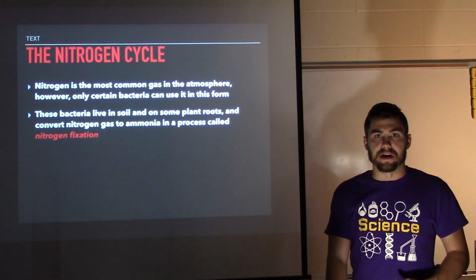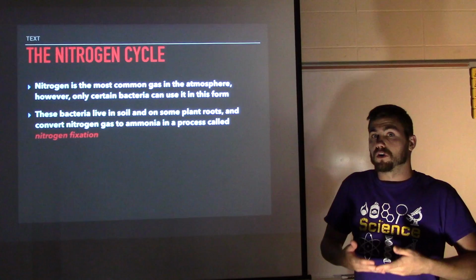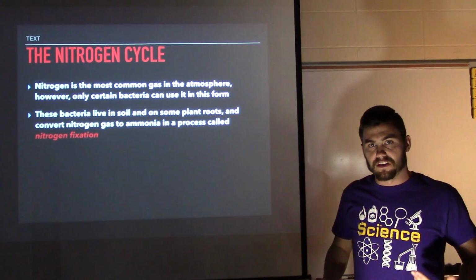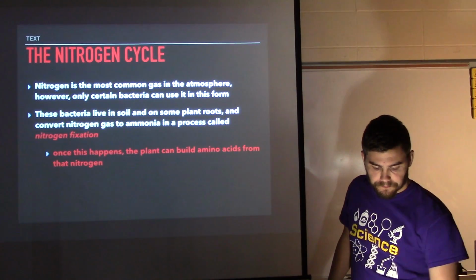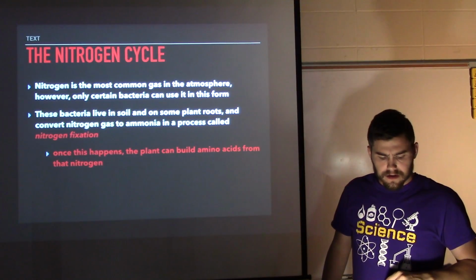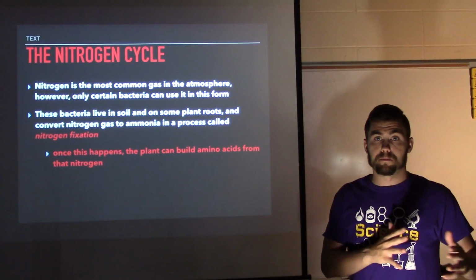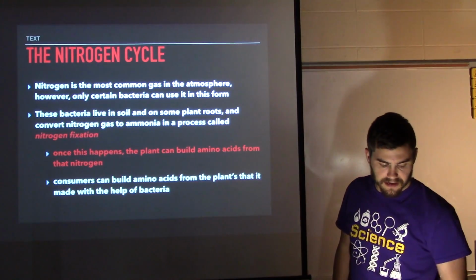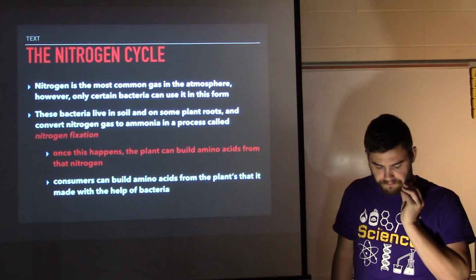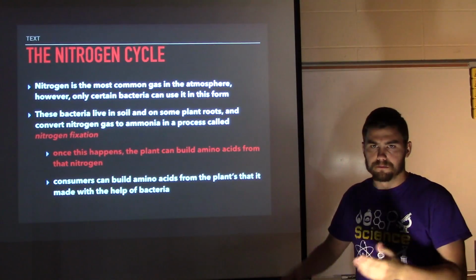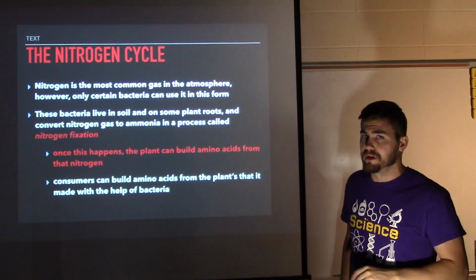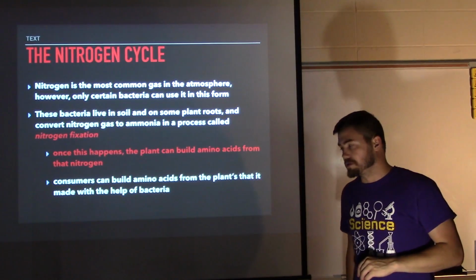That process is called nitrogen fixation, and that's where all the nitrogen in living things gets its start from, or most of it. So the plant can build amino acids. Those are the building blocks of proteins. And they can also put it in their DNA. But it's also a very important part of proteins as well.